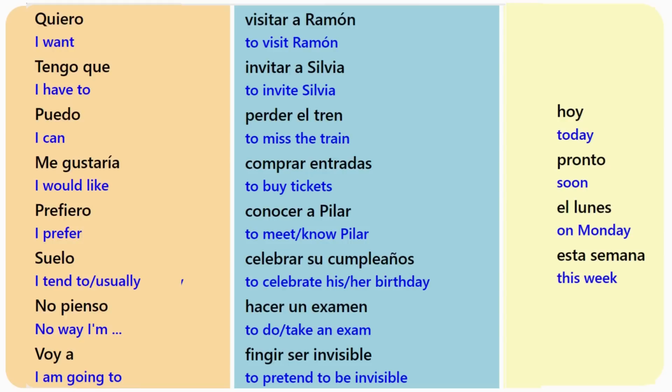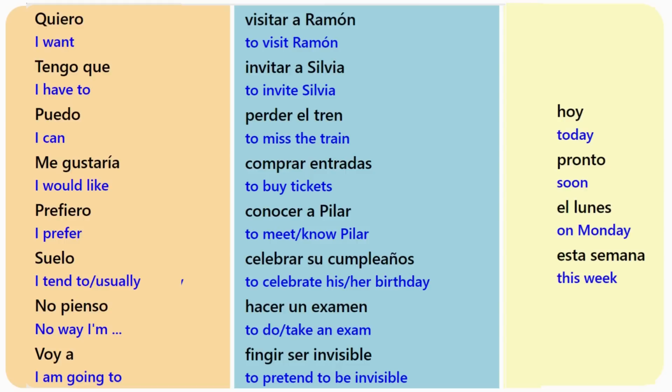Suelo is I tend to, or it's also used for I usually do something. So I usually visit Ramon today, for example, or I tend to visit Ramon today. So suelo. Interestingly, suelo also means the floor.